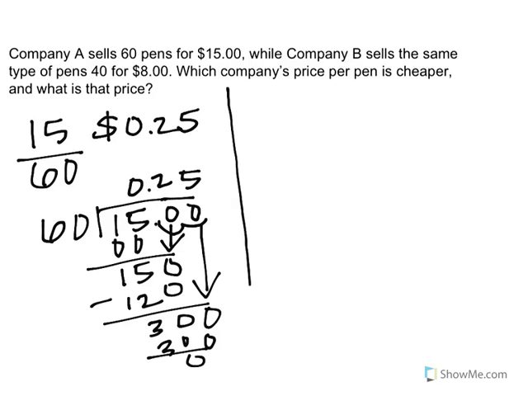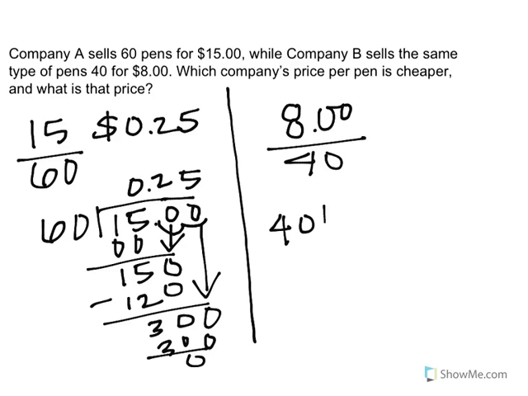Now we need to do the same problem for Company B. We know they're selling their pins for $8 for 40. We take 40 into $8. Well, we know that 40 cannot go into 8, so that's 0.